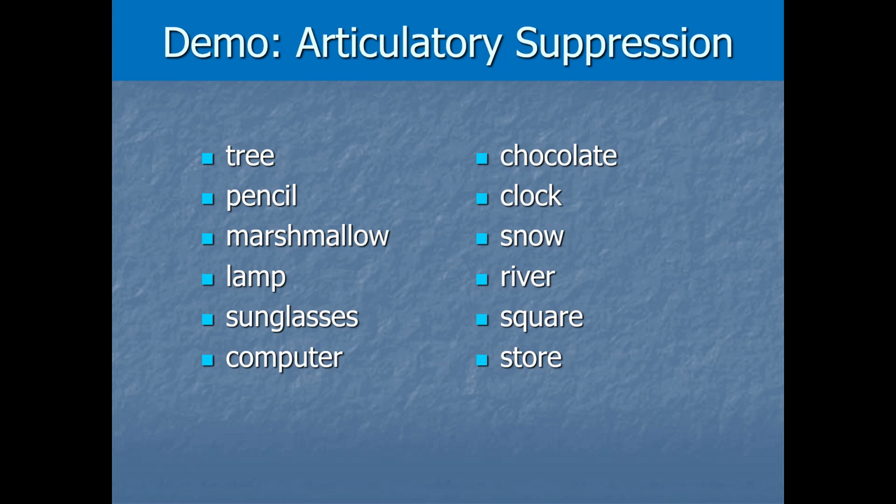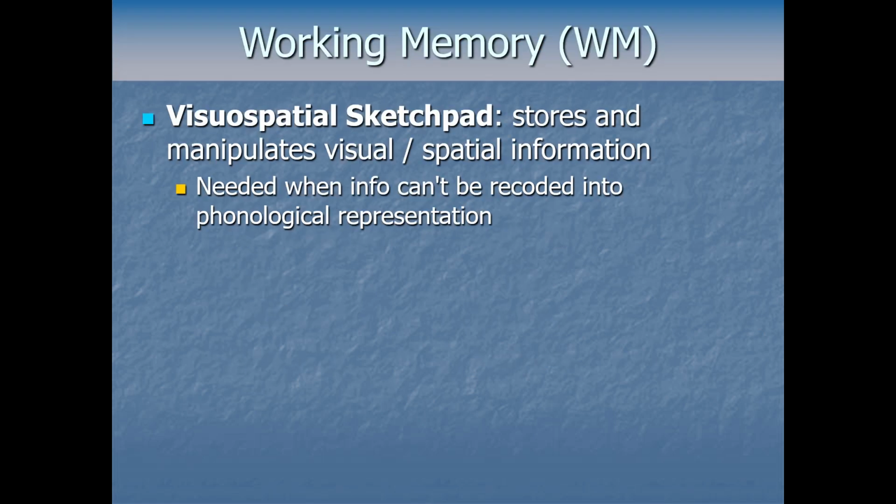What about the visuospatial sketchpad then? As I said before, the visuospatial sketchpad stores and manipulates visual or spatial information. And it's especially needed when information can't be recoded into a phonological representation. So we know this is a distinct component because of what happens when we do tasks that are inherently very spatial.